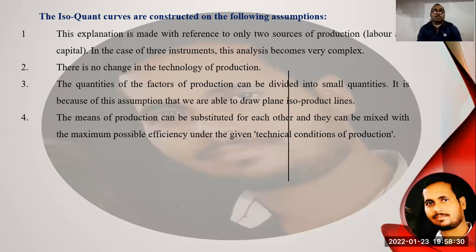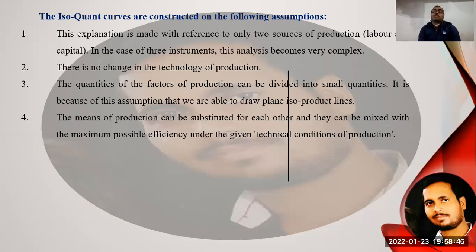The third one is that the quantity of the factors of production can be divided into small quantities. It is because of this assumption that we are able to draw a smooth iso product line.